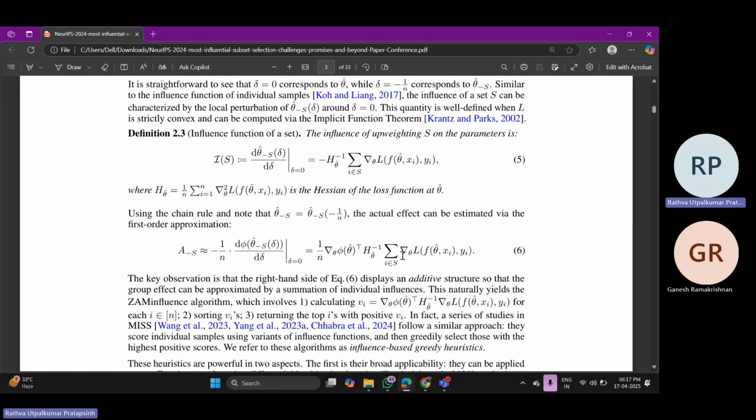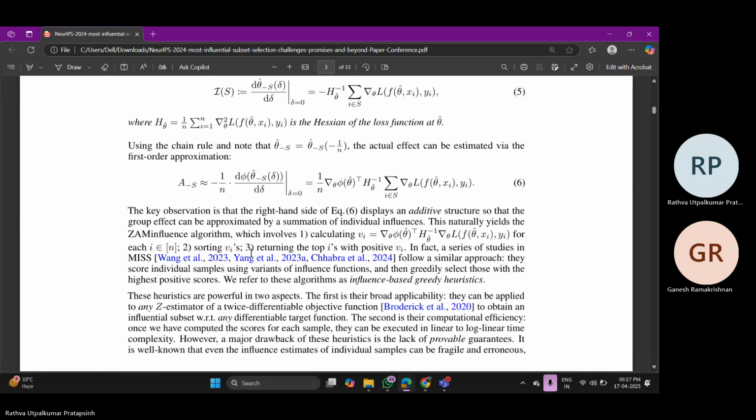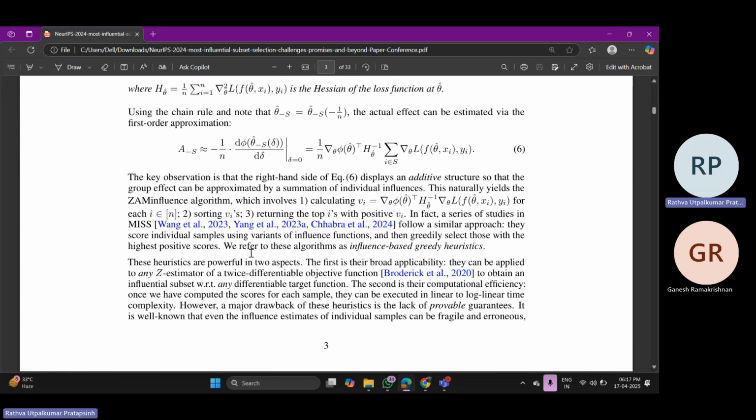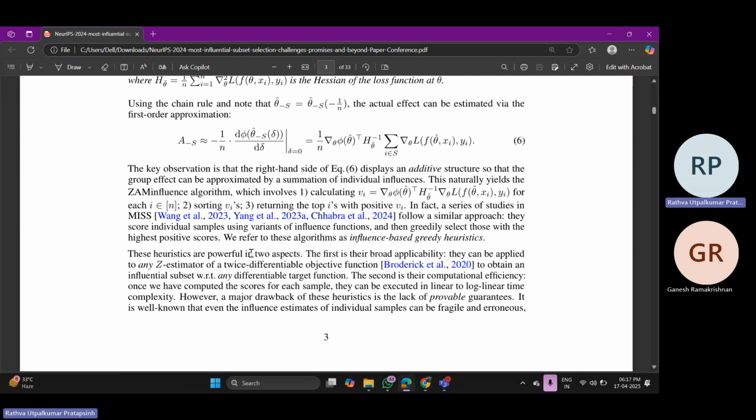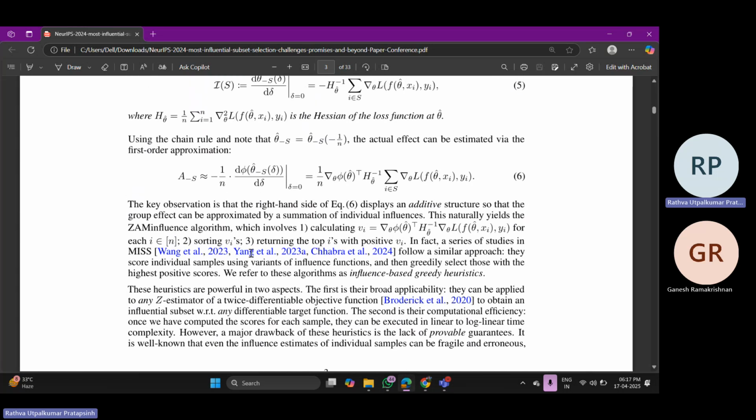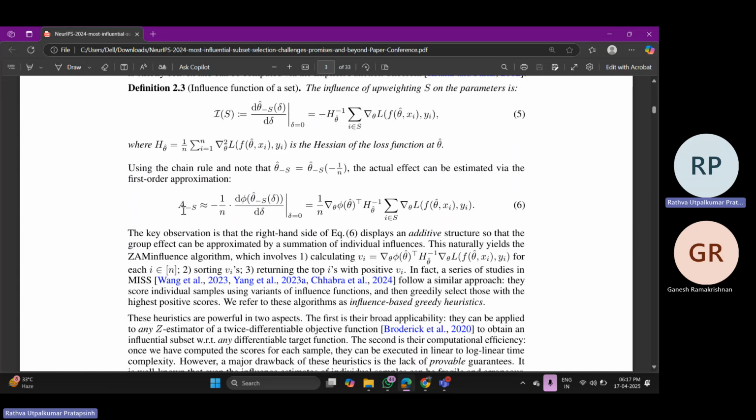I think we evaluate the term using the data. I think this is the approximation for this difference. Basically, this has been approximated in the first order.